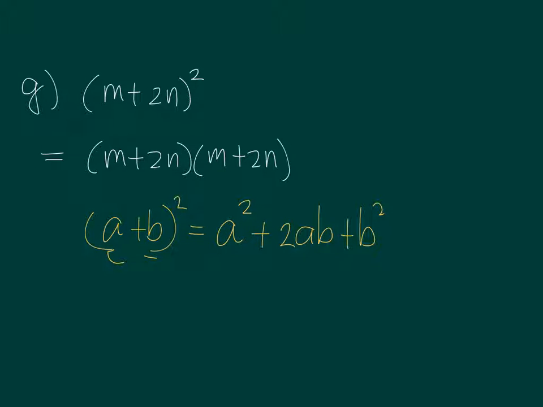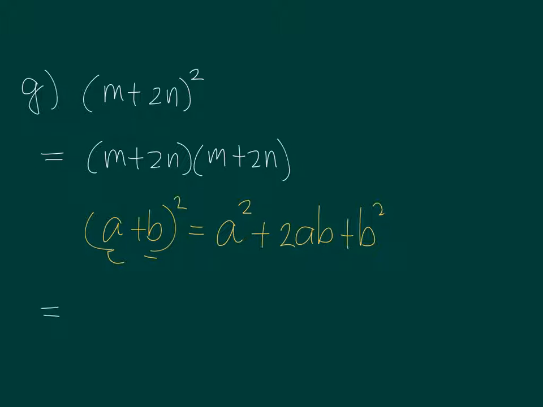Now, we already explained in the class how we arrive at this expanded form. So for now, since we are just giving the solutions to the questions in the test, I will just show you how this expansion will be applied to different expressions such as m plus 2n squared.